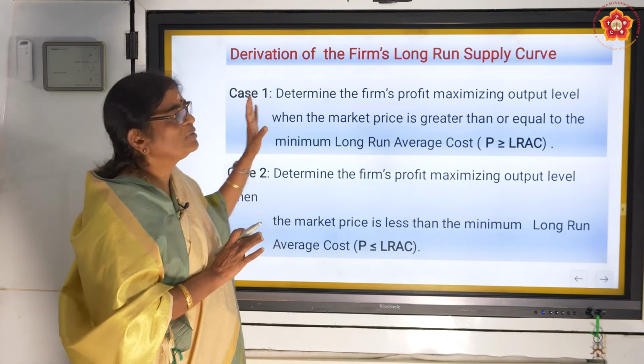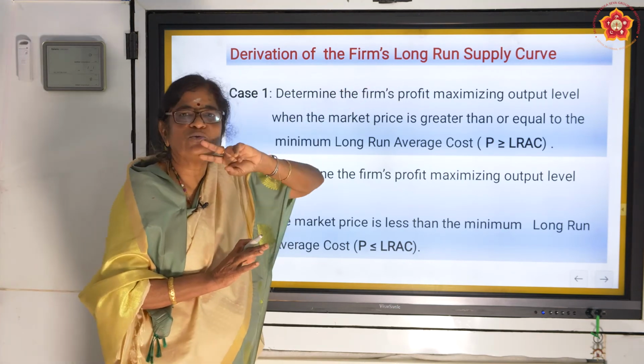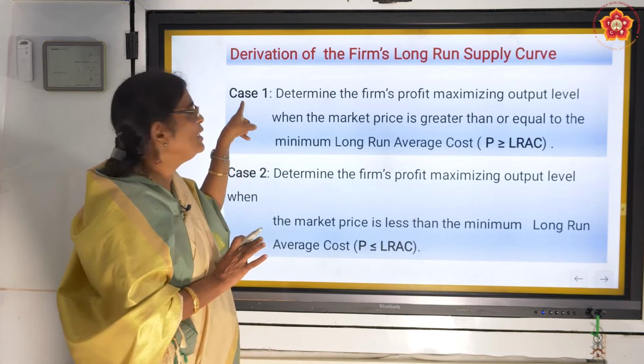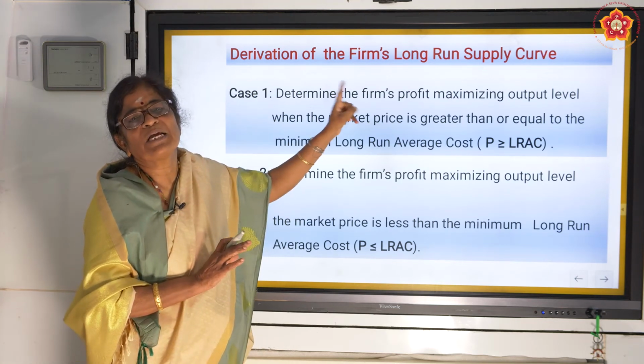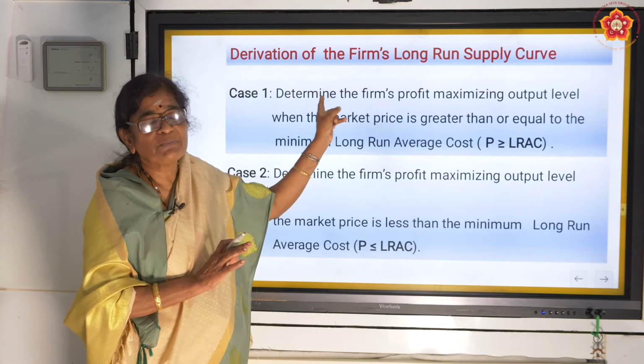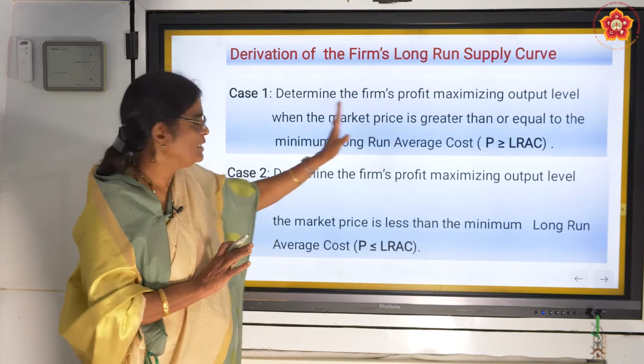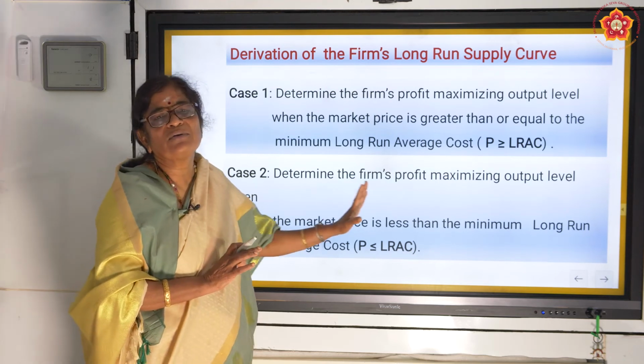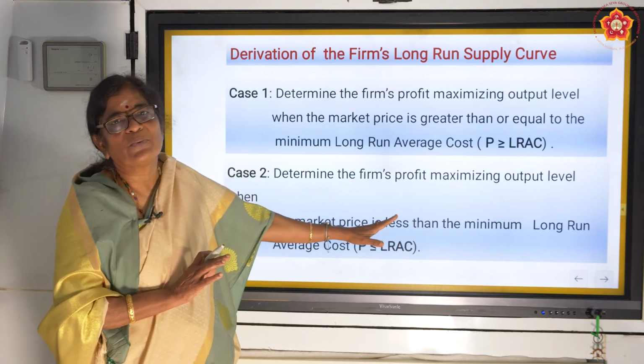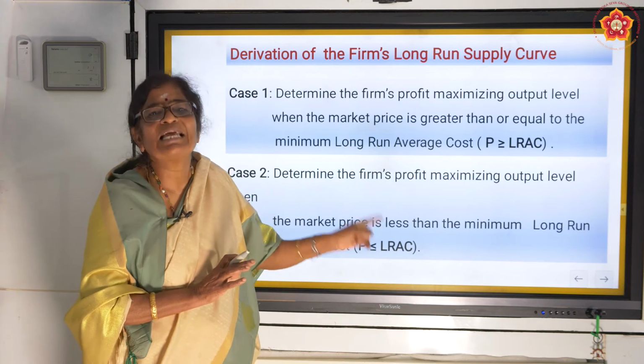Now, we are going to derive the long run supply curve in two parts. Case 1: we determine the profit maximizing level of output when P is greater than long run AC. And case 2: we determine the profit maximizing level of output when price is less than LRAC.